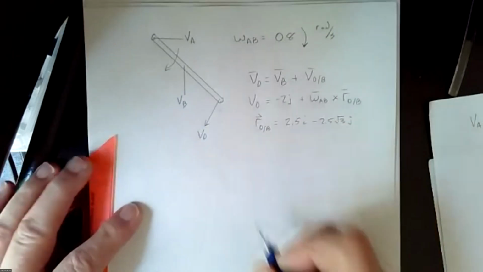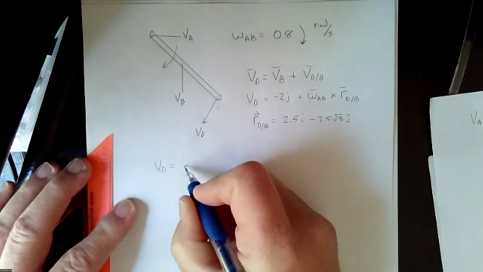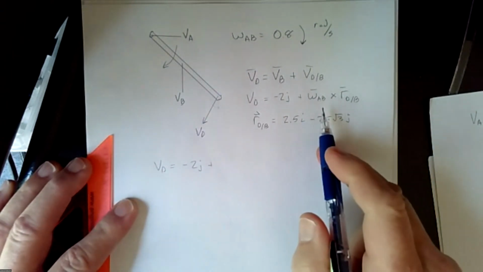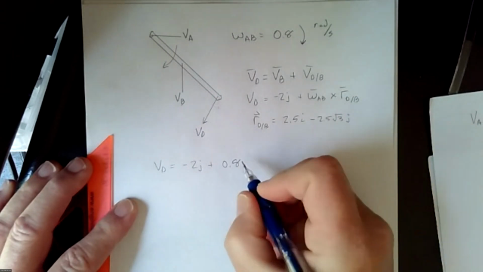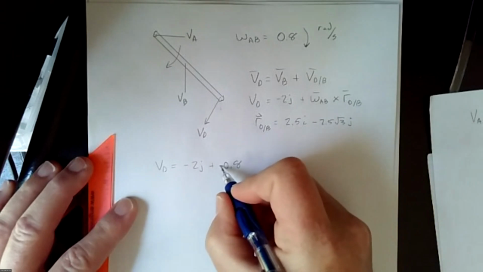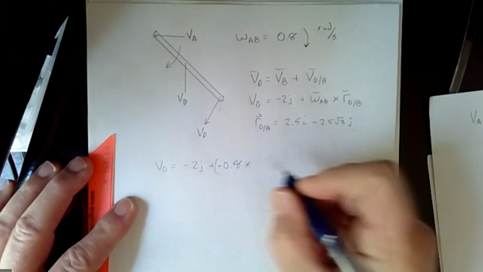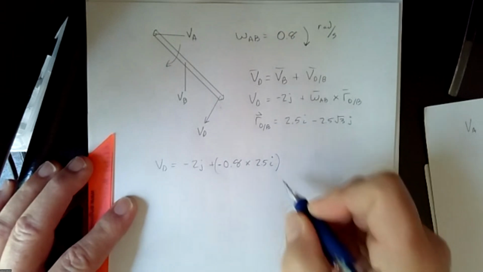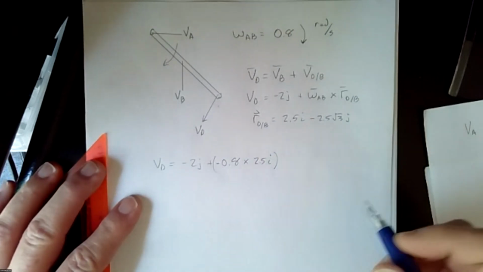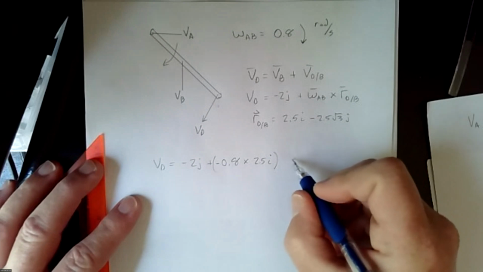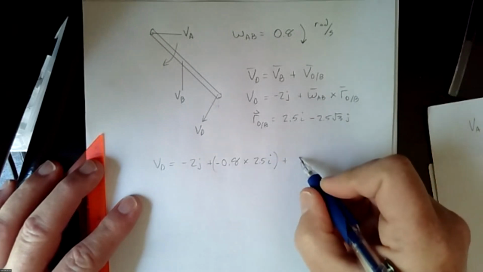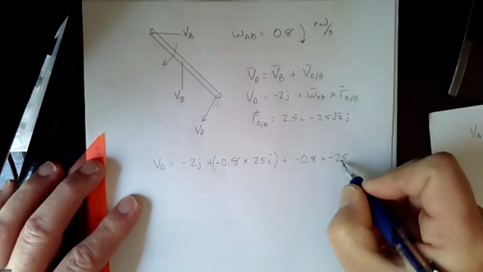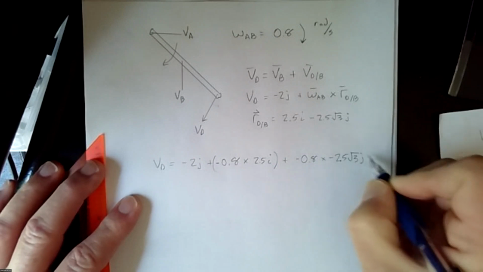So we know the velocity of D is going to equal minus 2J, and then that's going to be plus, now we know it's going to be negative 0.8 crossed with 2.5 I, and then that's going to be plus negative 0.8 crossed with negative 2.5 root 3J.